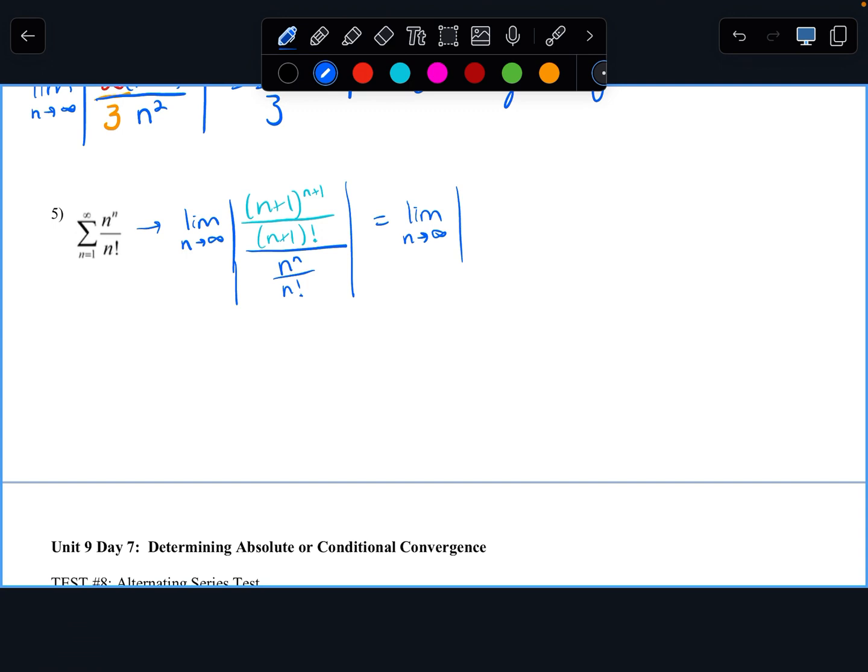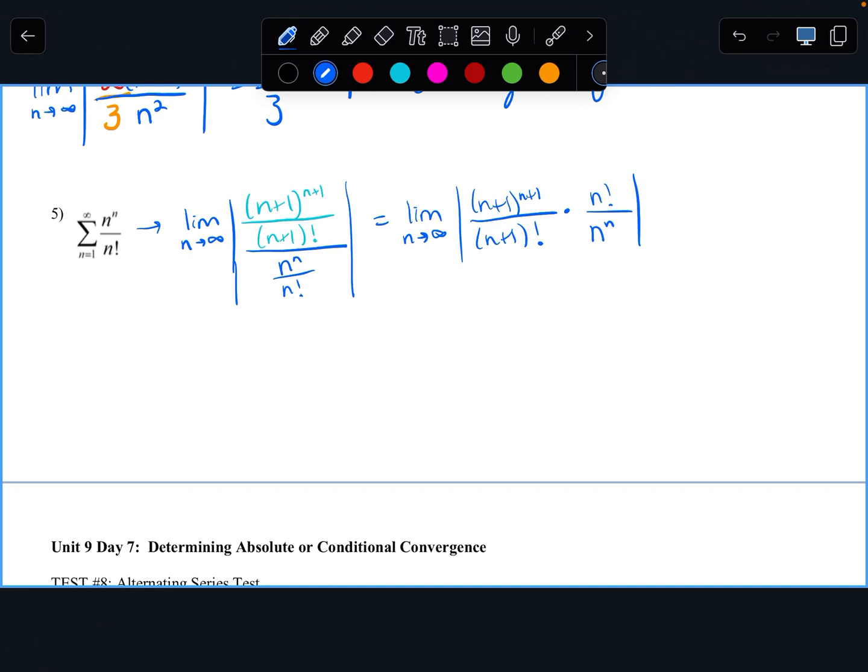Okay, so what does this turn into? This is n plus 1. And then n factorial. So like this one, I think more things can go away.